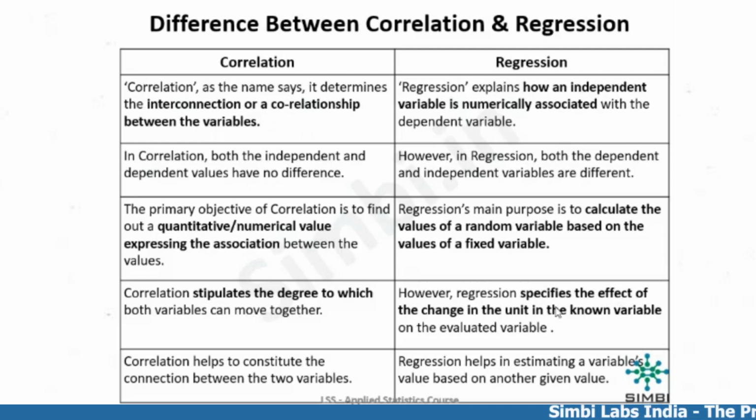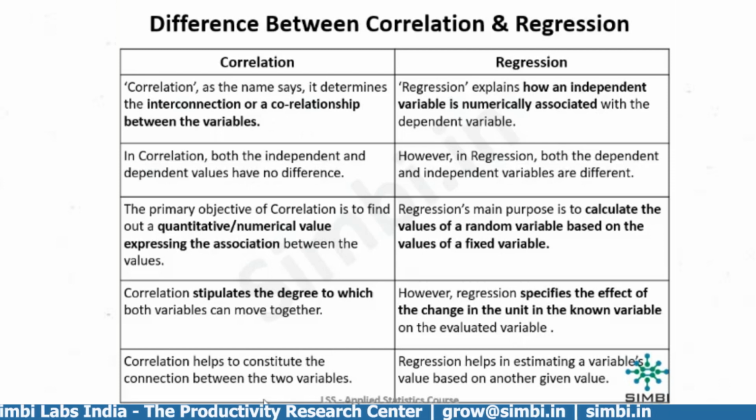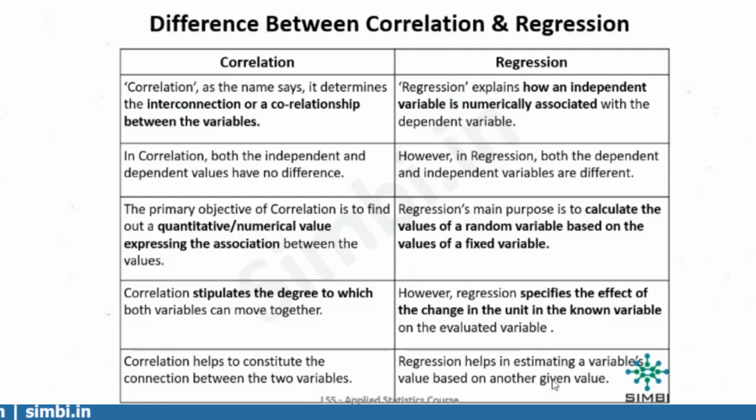Whereas regression specifies the effect of a unit change in the known variable on the evaluated variable. Also, correlation helps to establish the connection between the two variables, and regression helps in estimating a variable's value based on another given value. So this is the difference between correlation and regression.